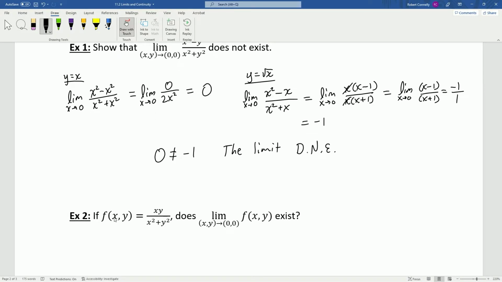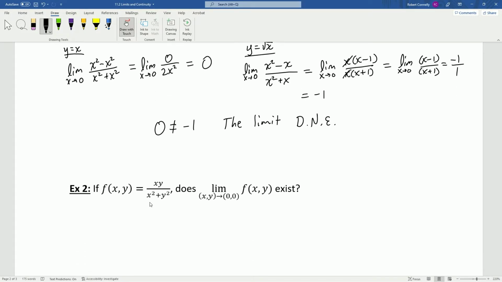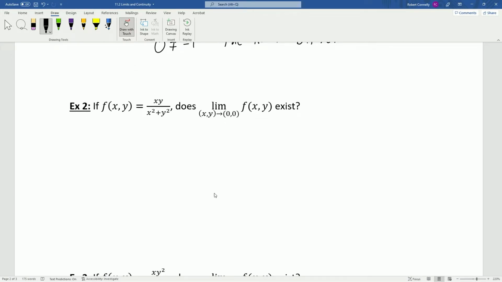If f(x,y) equals xy over x squared plus y squared, does the limit as (x,y) approaches (0,0) of f(x,y) exist? Okay, well, that's a great question. Let's try that easy path again, y equals x. This is usually the first path I check, just because it makes everything a lot easier to work out.